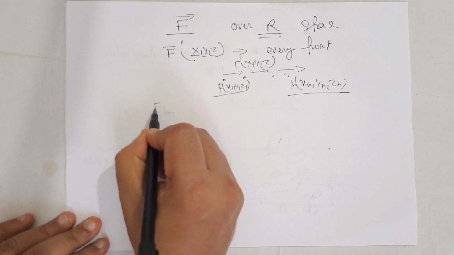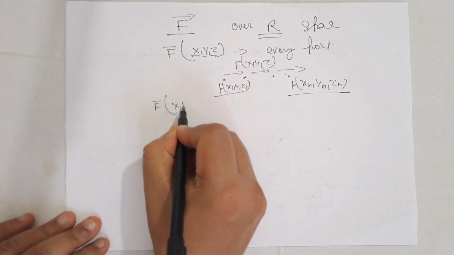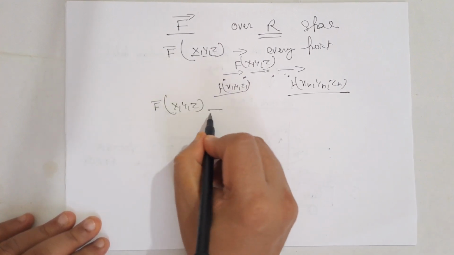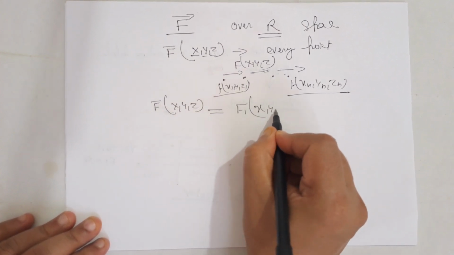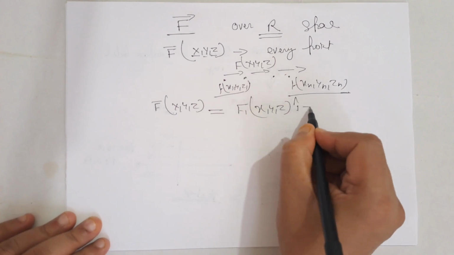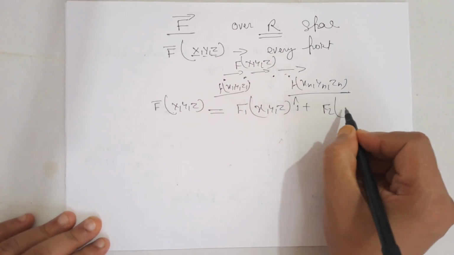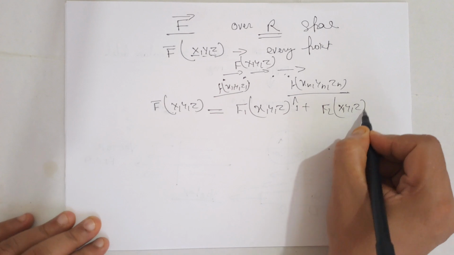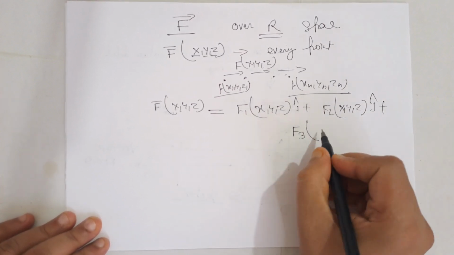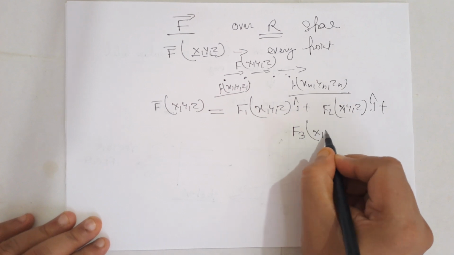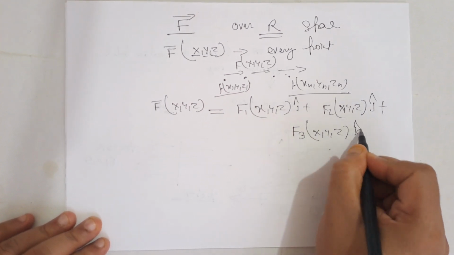And this vector field f(x, y, z) has three components: f1(x, y, z) i, f2(x, y, z) j, and f3(x, y, z) k.